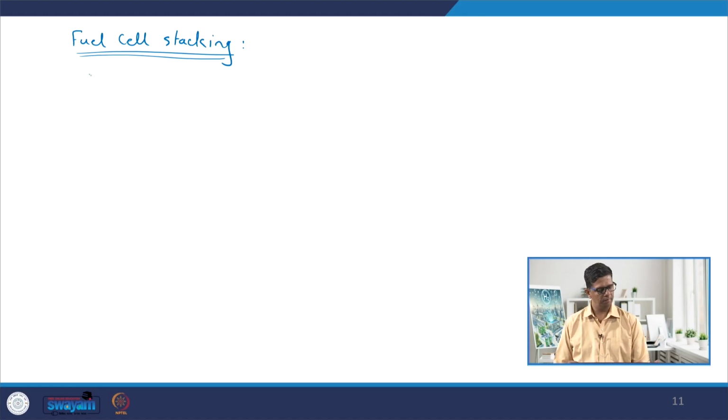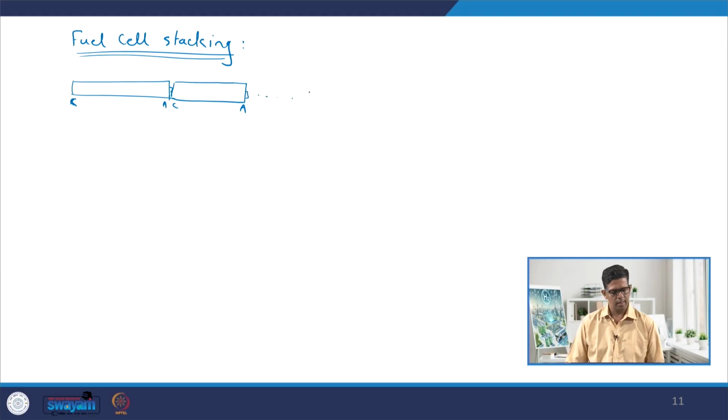In a typical toy, we have batteries wherein the anode and cathode of batteries are connected. This is the anode of this battery, this is the cathode of this battery, and so on and so forth, they are connected. In similar fashion, the fuel cells or even the electrolyzers are connected. So, how does it look like?